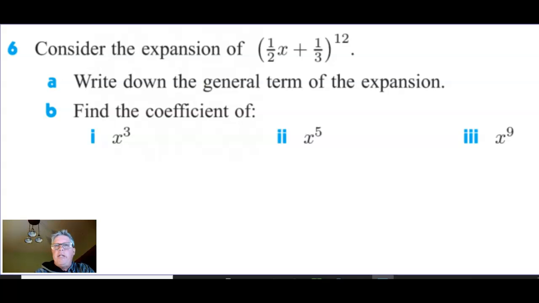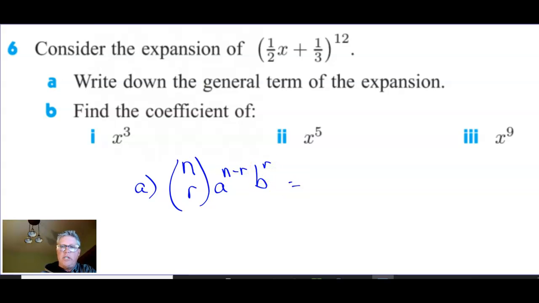All right, write down the expansion of something, something. Write down the general term. So, I hope I'll repeat myself: n choose r, a to the n minus r, b to the r. So our general term is going to be 12 choose r, a to the 12 minus r, b to the r.